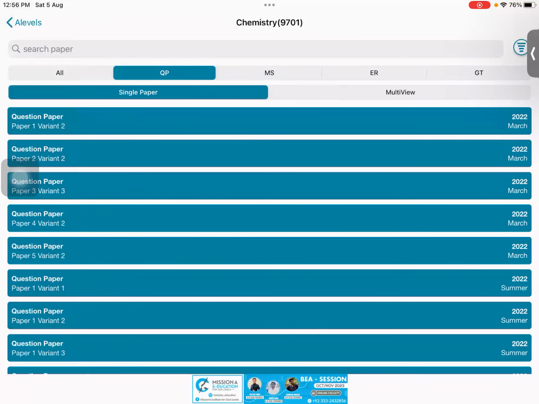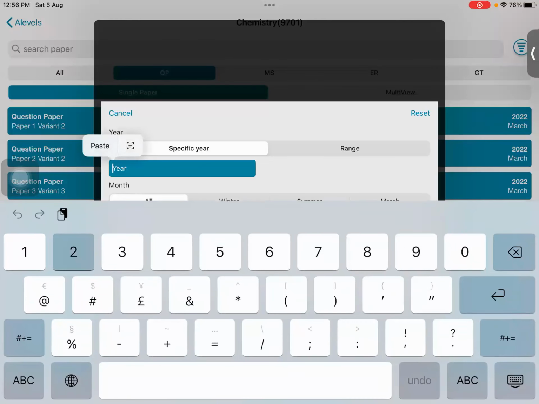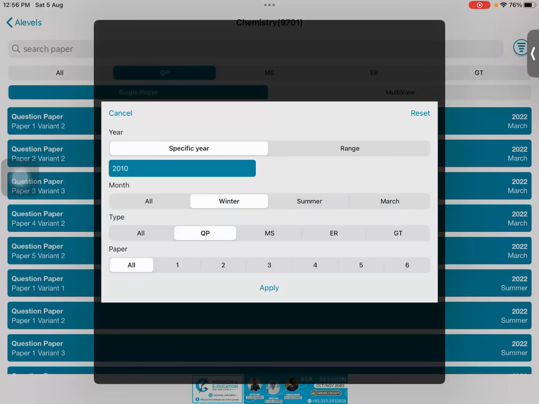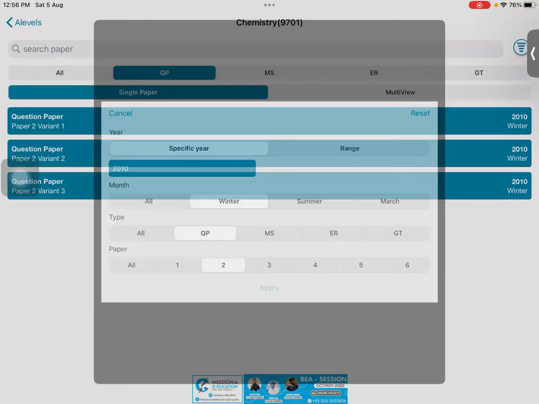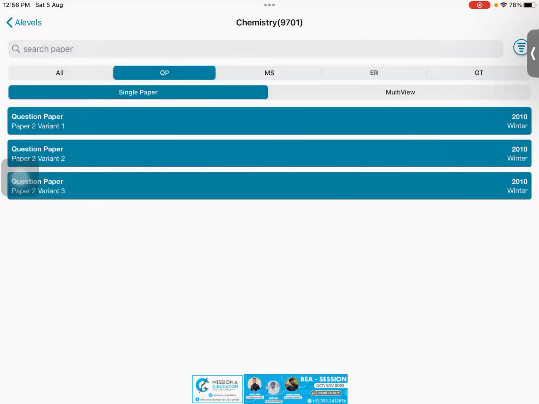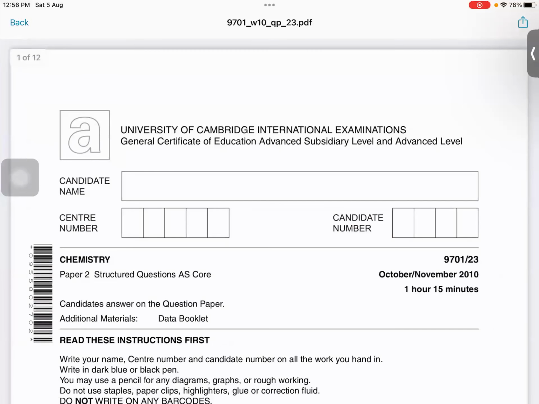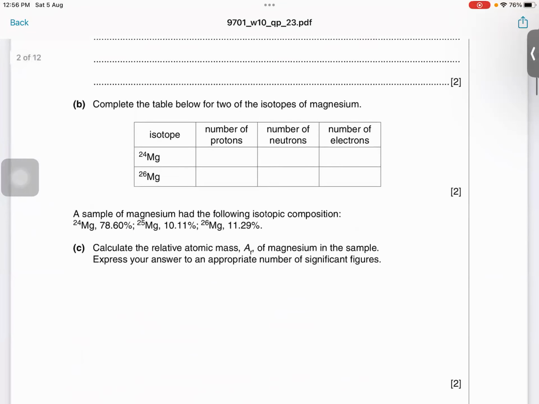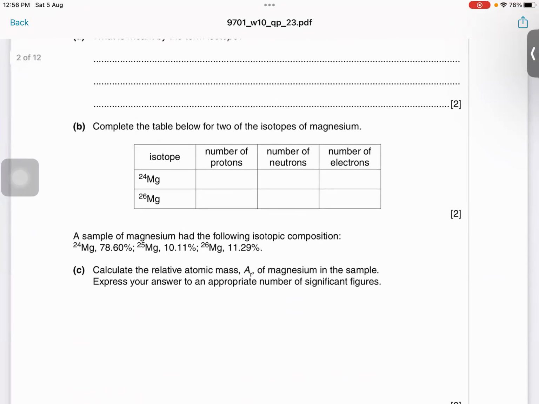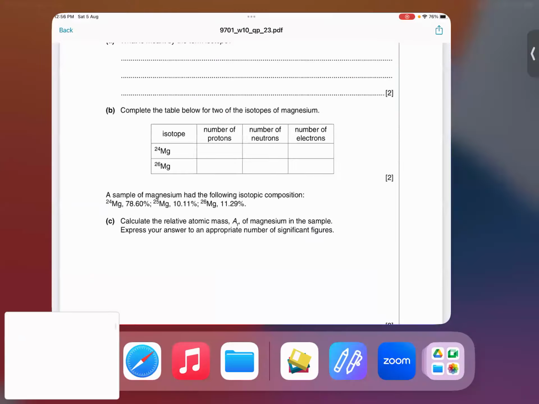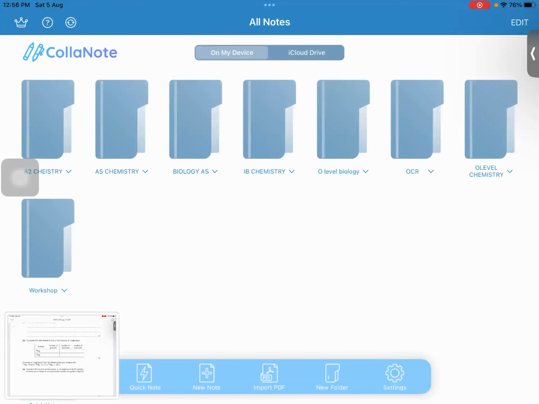Yes, here you have the question. Isotopes are given.